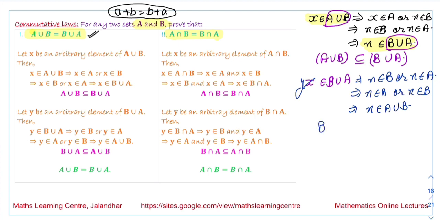So what we get from this is that B union A is a subset of A union B.